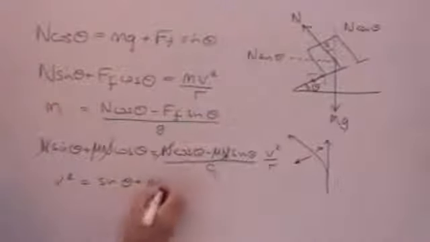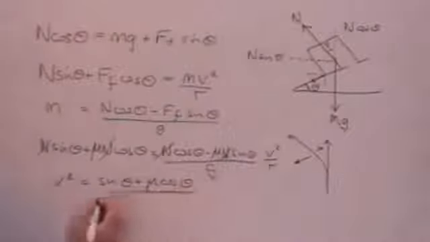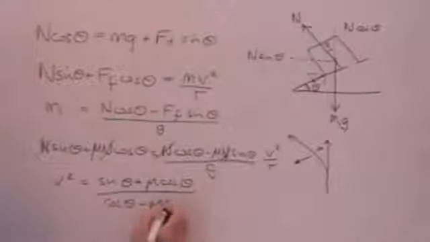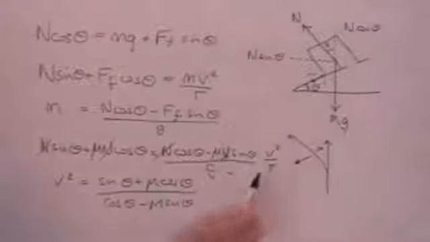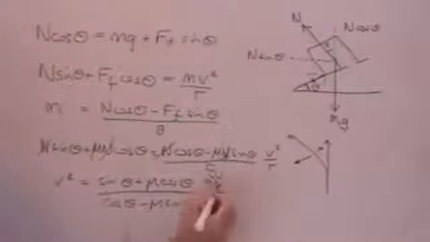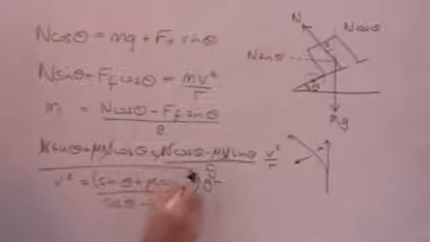The maximum speed I can travel, given that of course the frictional force is at its maximum, is going to be given by this term here, which is sine theta plus mu cos theta, divided by this term here, which is cosine theta minus mu sine theta, and then you've got to bring the g and the r up here, so it's times gr, and that is the formula for the maximum velocity that you can travel around a banked turn without shooting off the top of the bank.